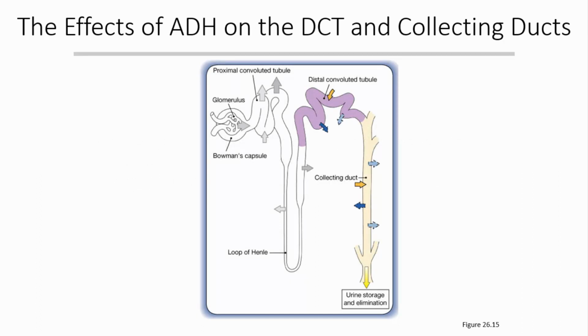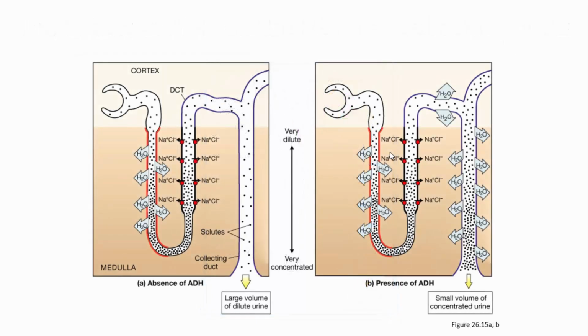And so, looking at the effects of ADH on the distal convoluted tubule and collecting ducts. With an absence of ADH, water is able to flow freely through those collecting ducts.